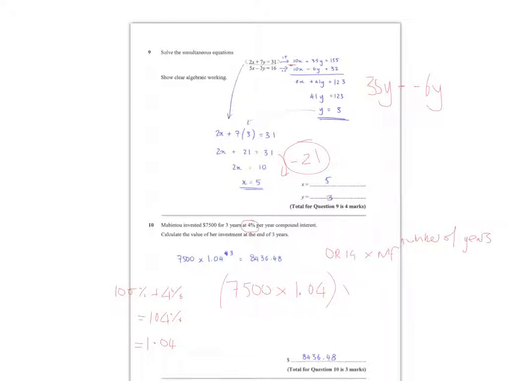Then if I take that amount and again multiply by 1.04, the amount at the end of the second year, times by 1.04, gives me the amount at the end of the third year. You should see that actually I've multiplied by 1.04 3 times. This is the same as doing 7,500 times 1.04 to the power of 3.